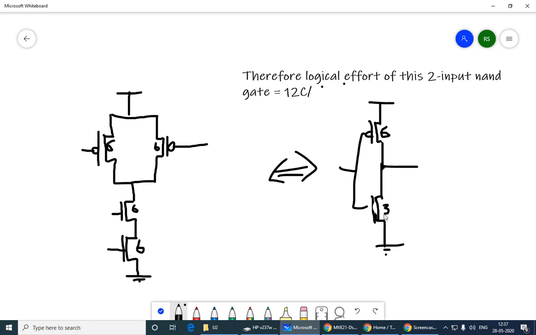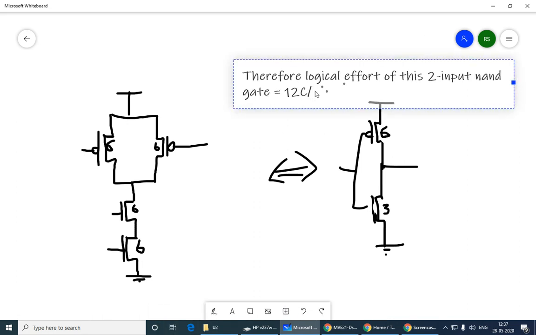I should put 3. So now the equivalent inverter for this two input NAND gate is 6 and 3. Then I can calculate the logical effort: 12C divided by 6 plus 3, which is 9C, so 12 by 9, equal to 4 by 3.